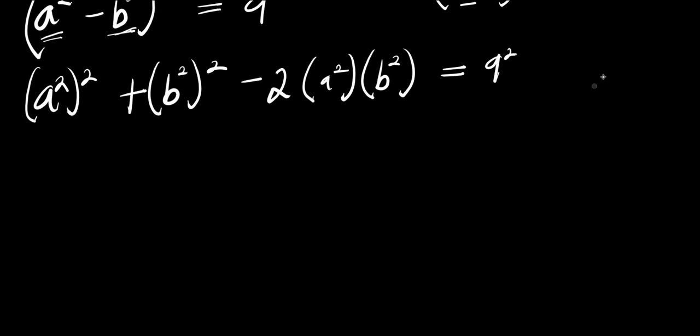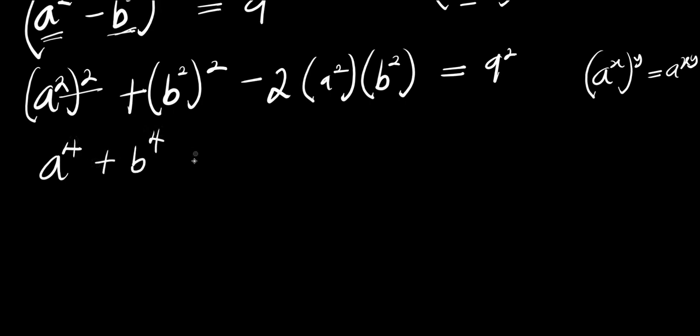So from here, you have a power x power y equals a power xy. 2 times 2 is 4. This is a power 4 plus b power 4 minus 2 times a squared b squared equals 9 squared, which is 81.